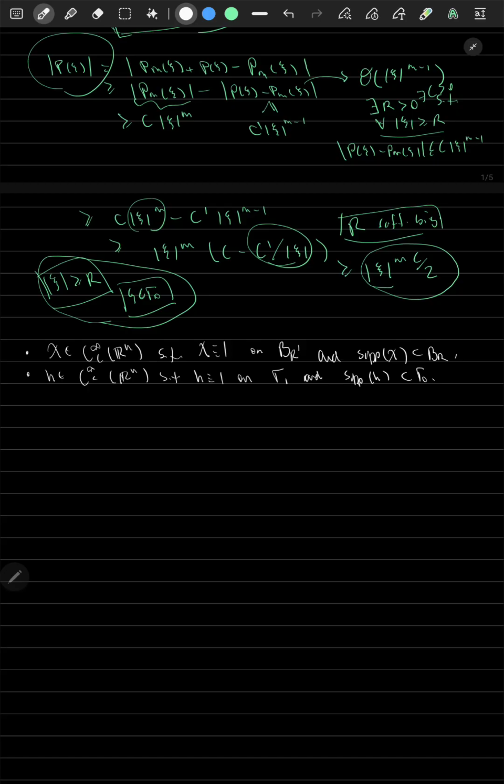Now, actually, we have one more condition for h, which is that h is positively homogeneous. And what that means is, for every lambda positive, we have that h of lambda xi is the same thing as h of xi.